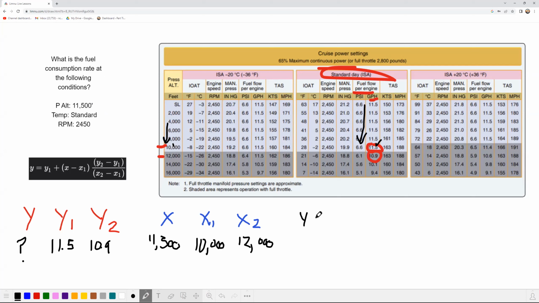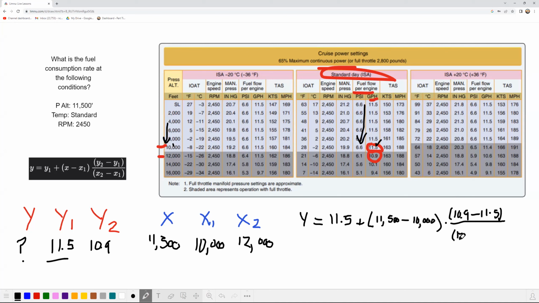So we have Y equals Y1, which is 11.5, plus quantity of X, which is 11,500, minus X1, which is 10,000, and then times this big old fraction here, which is Y2, which is 10.9, minus 11.5, over X2 minus X1.